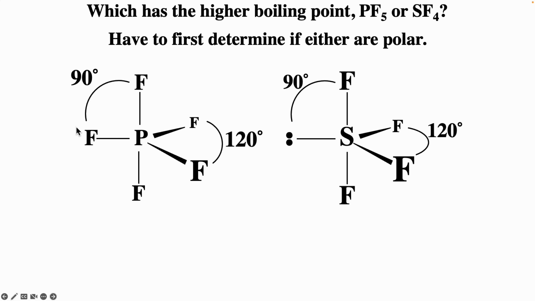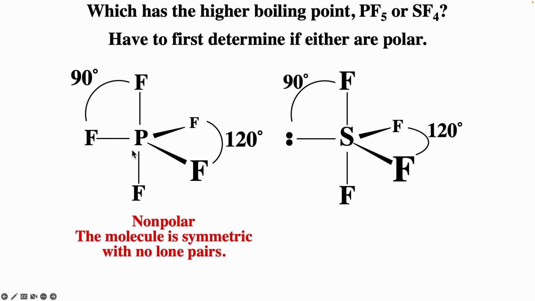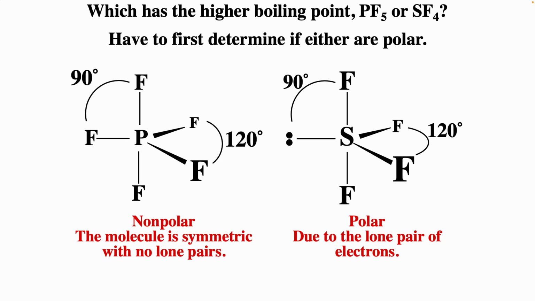We can prove that PF5 is nonpolar because we have a center atom surrounded by the same type of atoms with no lone pairs, so this one has to be nonpolar. We can't do the same thing with sulfur tetrafluoride, so that's probably a little bit polar. And so we would expect sulfur tetrafluoride to have a little bit higher boiling point.